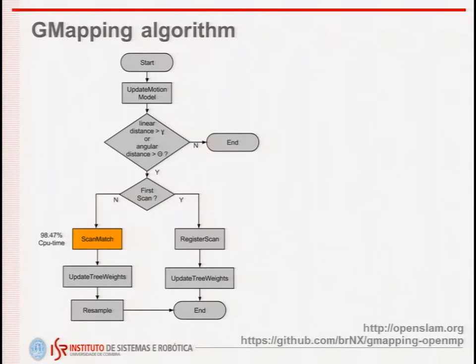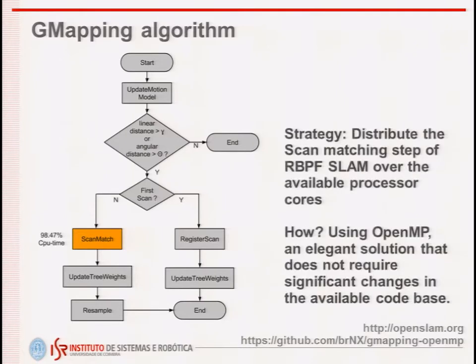Analyzing that part of the algorithm in detail, we concluded that the processing is mostly independent: each particle does its processing independently of the other particles. So we parallelized that part of the algorithm using an OpenMP approach. The code is available at the link below.